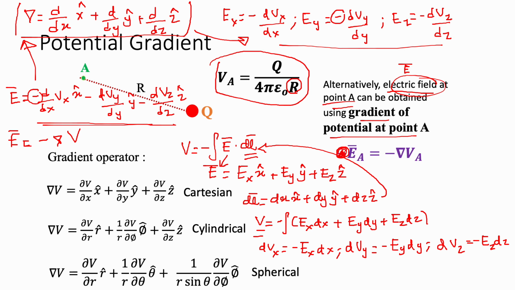So please remove one of the negatives here. So the electric field intensity is equal to negative Garrod V, at that particular potential.